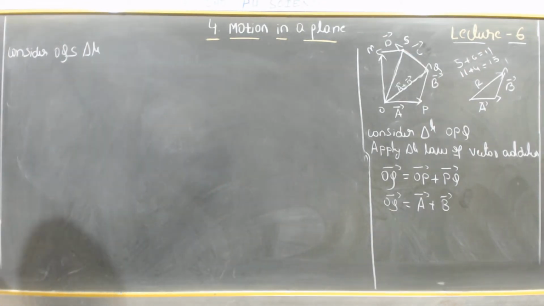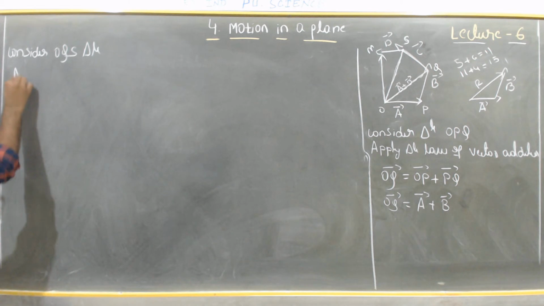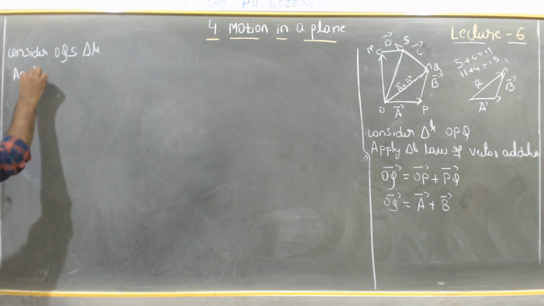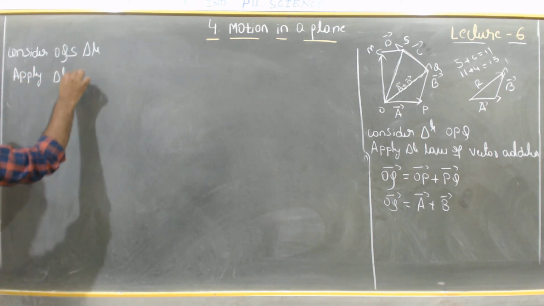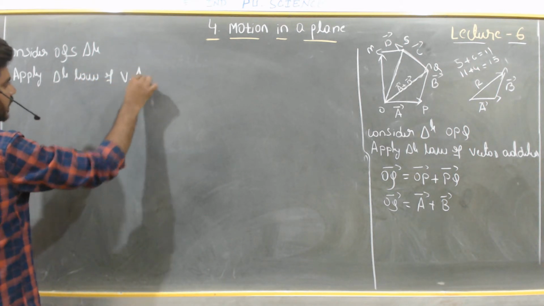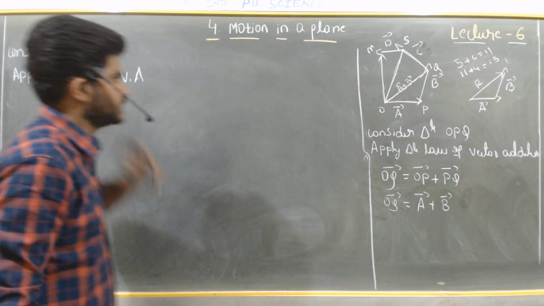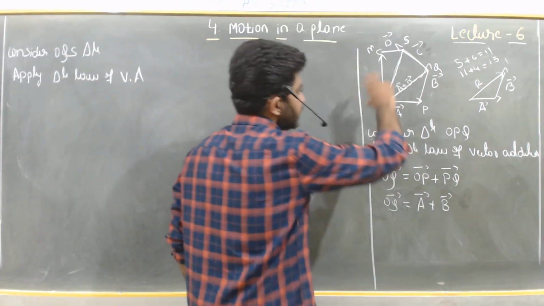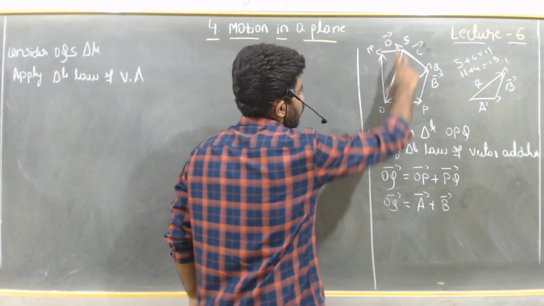Consider OQS triangle. Again apply triangle law of vector addition. In short I have written VA. V is vector, A is addition. See, the resultant side is which one here? OS.